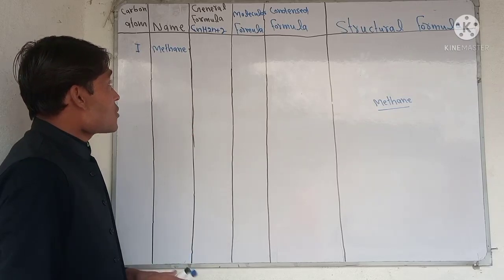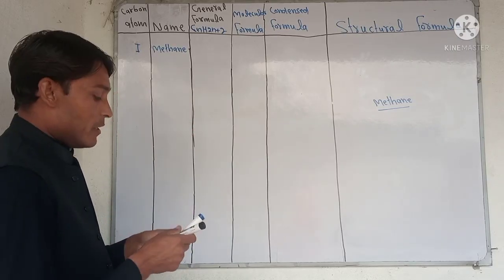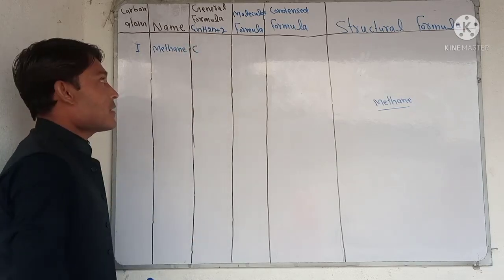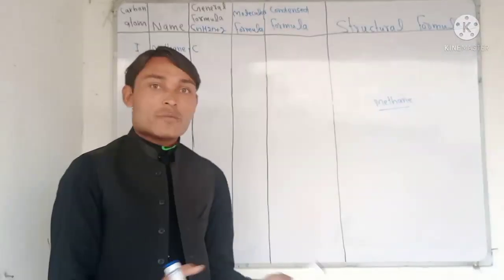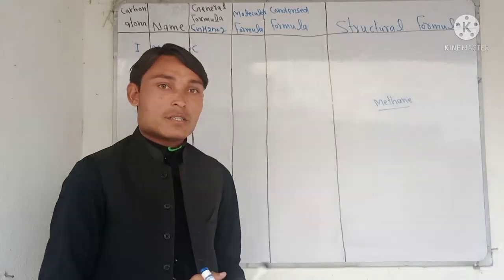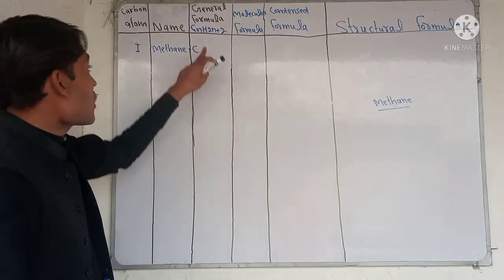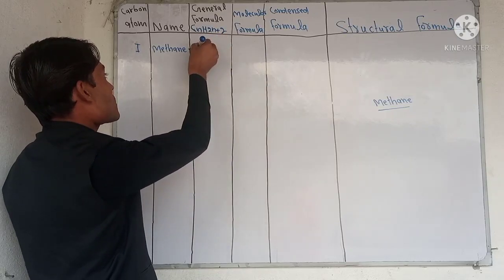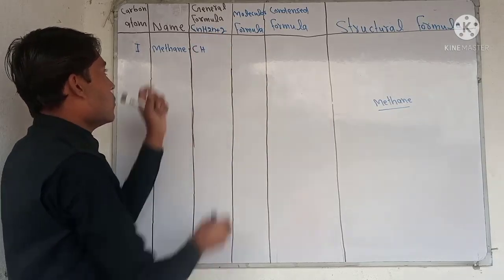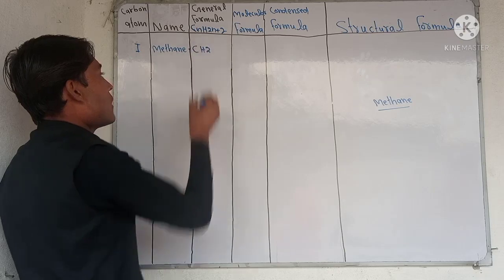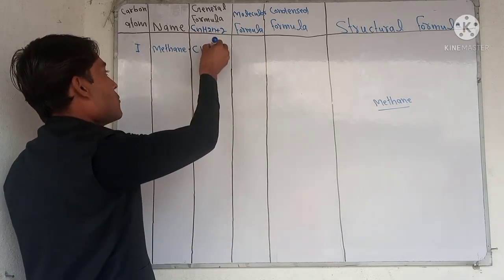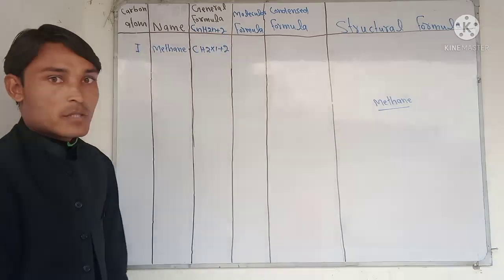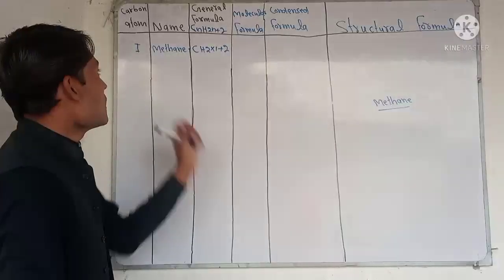Now the general formula for methane: the number of carbon is C1, but mostly we do not write 1 and just ignore it. For H we have 2 multiplied by n, which is 1, and plus 2. This is the general formula for methane.